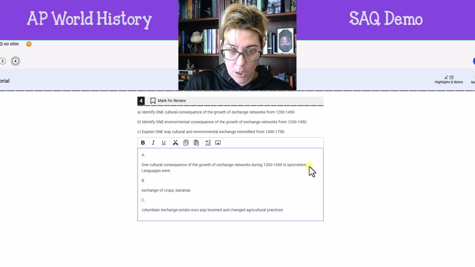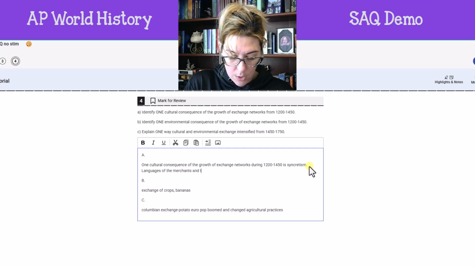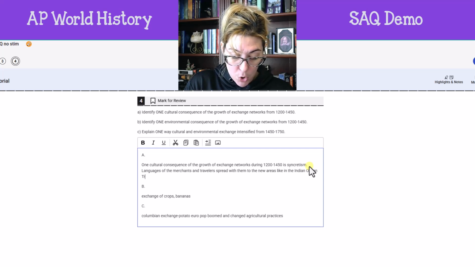Languages of the merchants and travelers spread with them to the new areas, like in the Indian Ocean trade network.